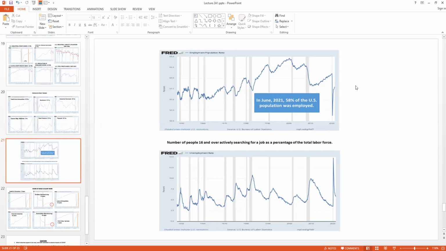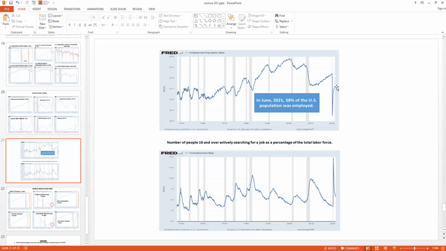And more interesting, perhaps, in prior years, back in 2019, the portion was 65%. So we went from 65 to 51, and then we're back up to 58.